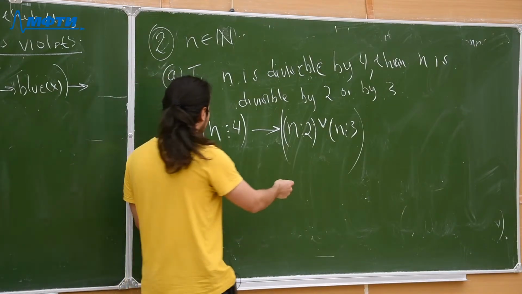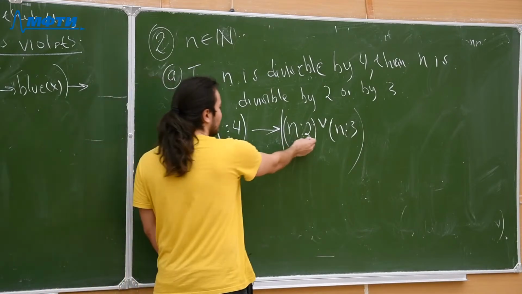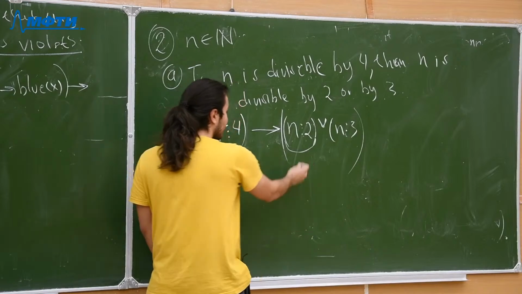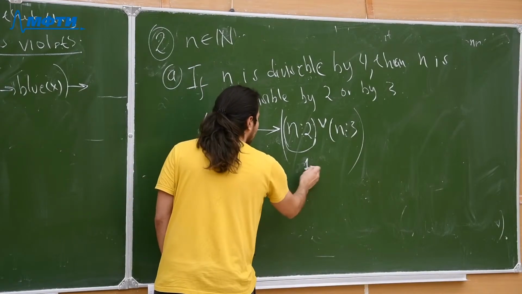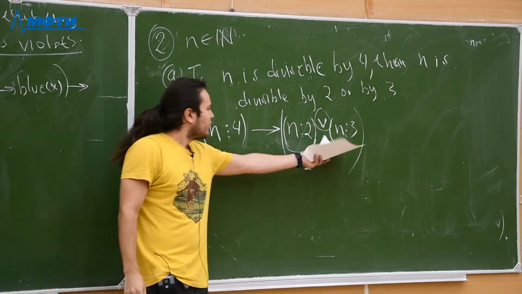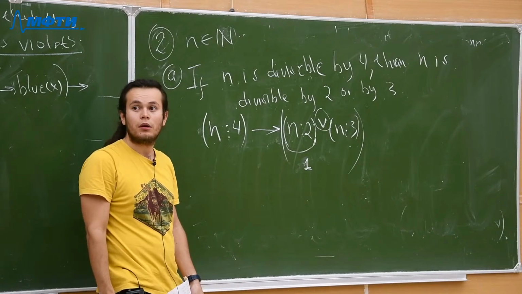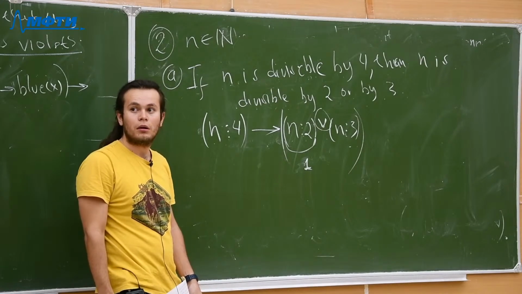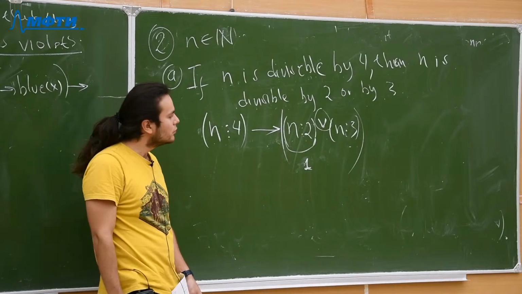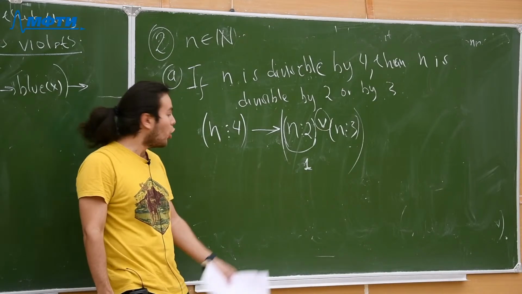So look, n can be divided into 4, and we have that n can be divided into 3. This is true, yes? So 1. And we have or here. So it doesn't matter what we have here. 1 means true.